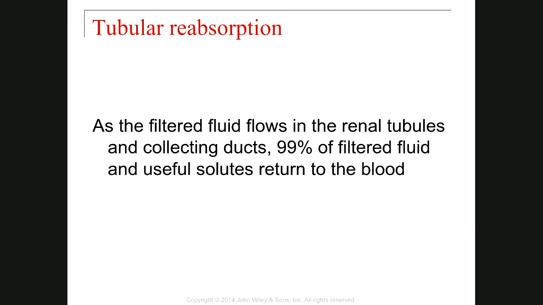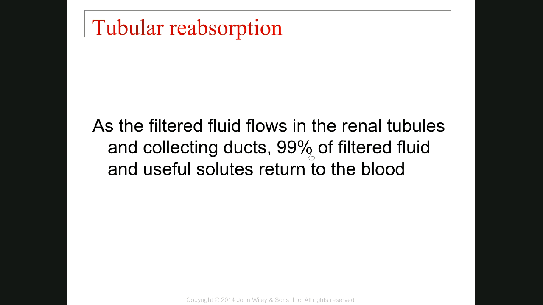The next step is called tubular reabsorption. As the filtered fluid flows along the renal tubule and the collecting duct, tubule cells reabsorb about 99% of filtered water and many useful solutes. The water and solutes return to the blood, flowing through the peritubular capillary and the vasa recta, the capillary network which wraps around our nephron.